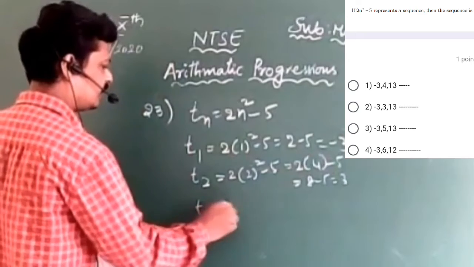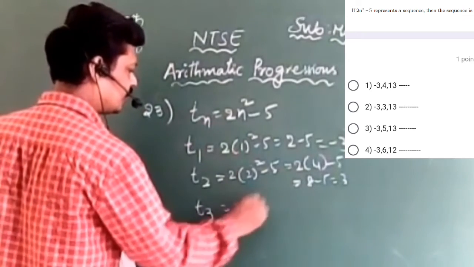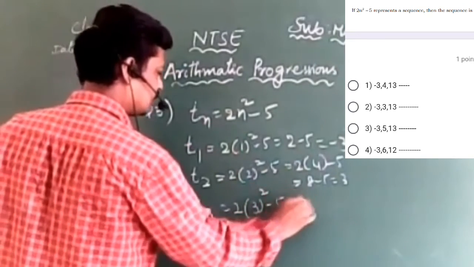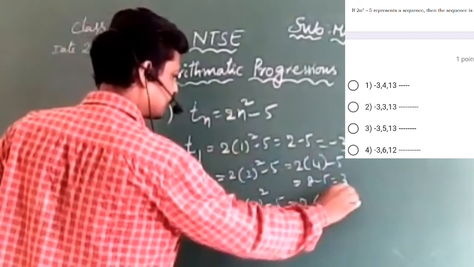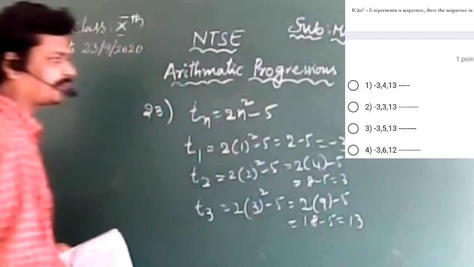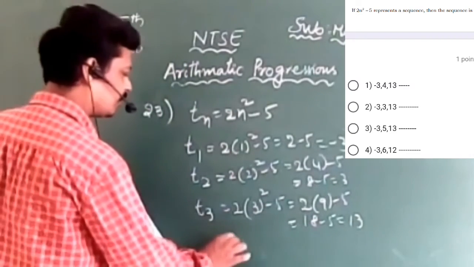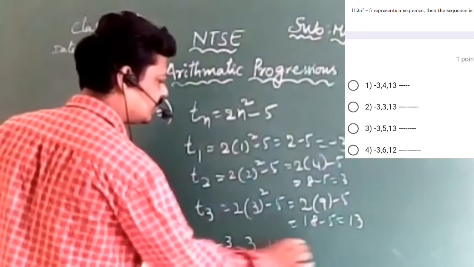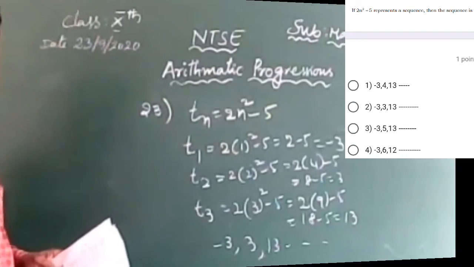Next, T3 equals 2 into 3 square minus 5, which is 2 into 9 minus 5, 18 minus 5, which is 13. So the sequence will be minus 3, 3, 13, and so on. Three terms are enough.